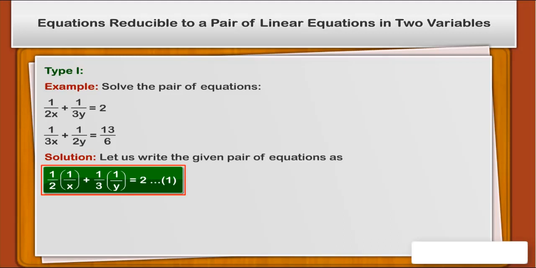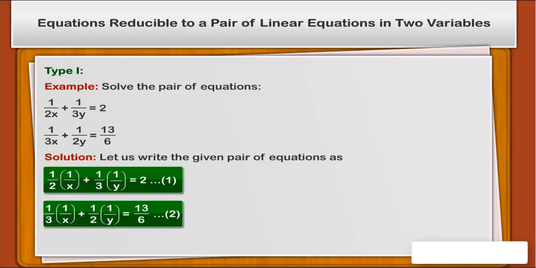This is equation 1. 1 upon 3 into 1 upon x plus 1 upon 2 into 1 upon y is equal to 13 upon 6. This is equation 2. These equations are not in the form ax plus by plus c is equal to 0.